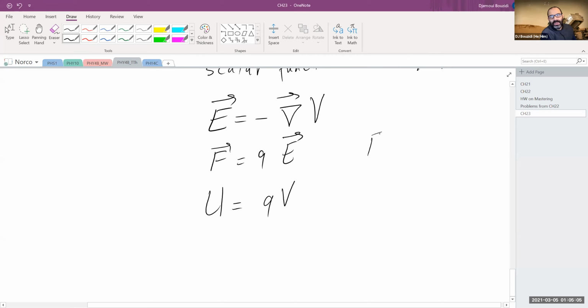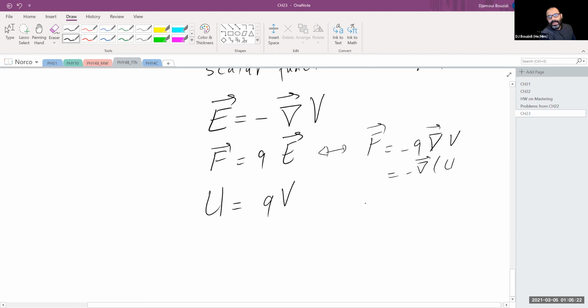In other words, F is going to be equal to minus Q grad V. Since F is minus grad of U, then U must simply be equal to QV.